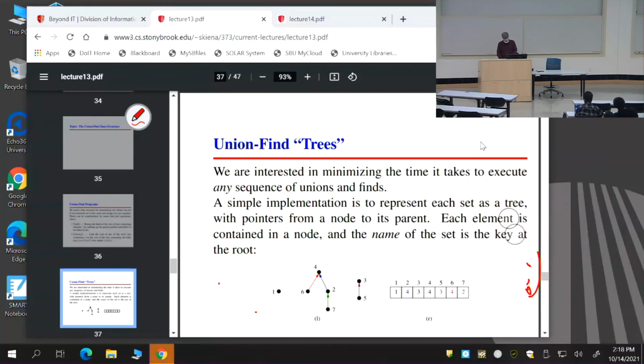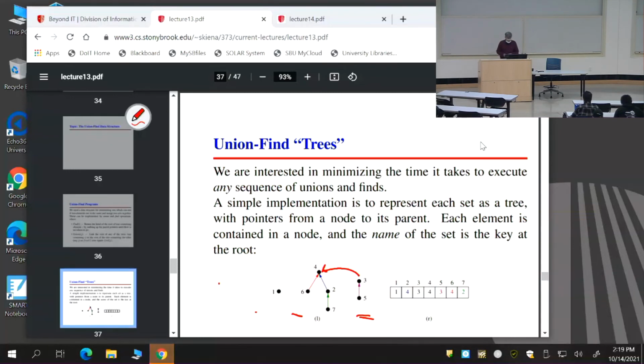How do I merge two of these components? Suppose I've decided I want to merge two of these components. I want to make it so that the people in the second component have the same root as all of these guys. It's just a matter of taking the root of this one and pointing it to the root of that one.